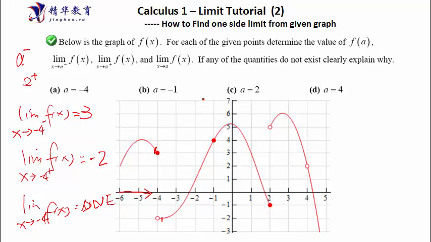If they are the same, then we have a limit. Now let's see -1 here. -1 is nice. Actually, -1 is not only a limit that exists, it's also continuous. I will talk about continuity later. Right now let's just think about this. From the left hand side, we approach 4. From the right hand side, we also approach 4.